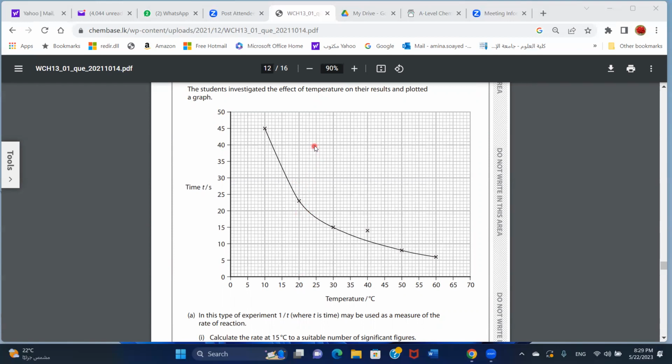When we reduce the concentration, it will take more time for the reaction to take place. Yes, excellent, we have to reduce the concentration of the reactants.